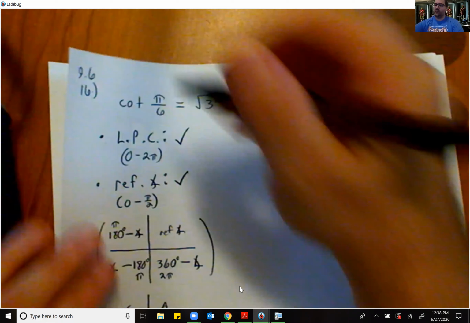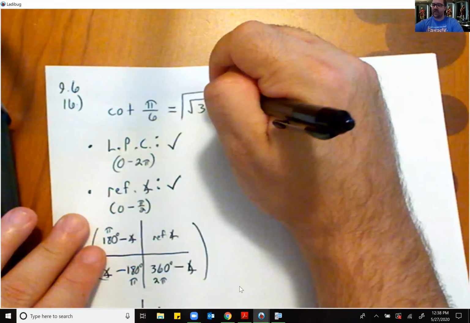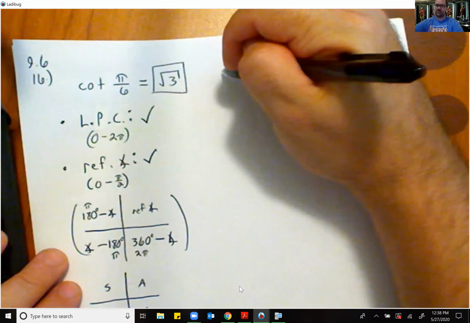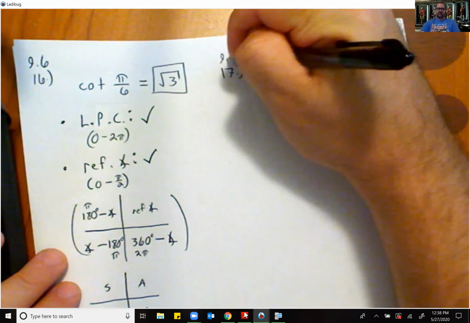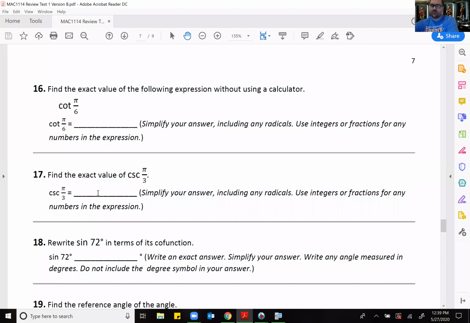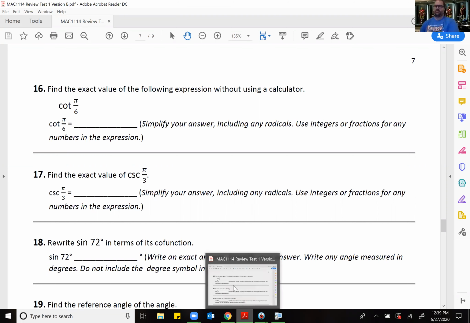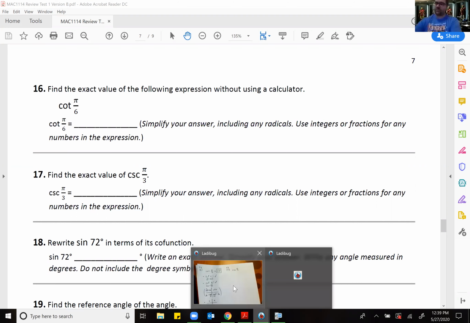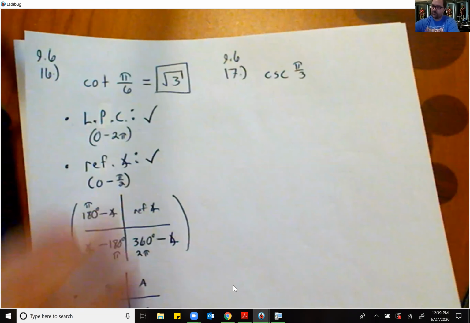Okay? Question number 17 is going to be just like this. So let's take a look at it. In here, I put the square root of 3. So here we want cosecant pi over 3. Okay? So if we come into our notes, least positive coterminal angle.